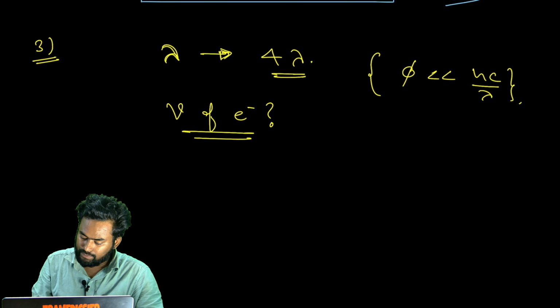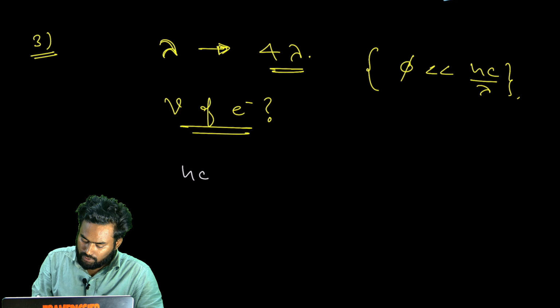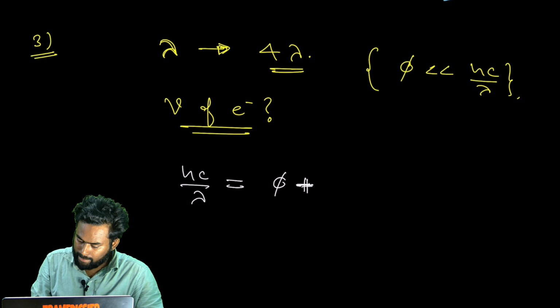Okay, let's see that. First equation, hc by lambda equals phi plus Kmax. Kmax will be half m v square.